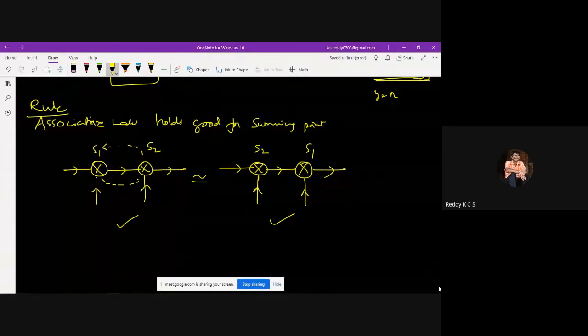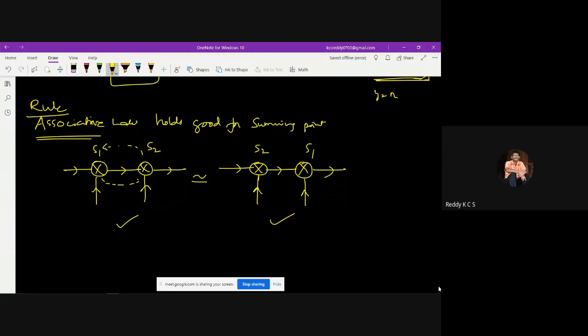Means in between nothing should be there. I have only the direct contact. If summing point 1 and summing point 2 are both connected directly, then we can interchange, and we can use the associative law.